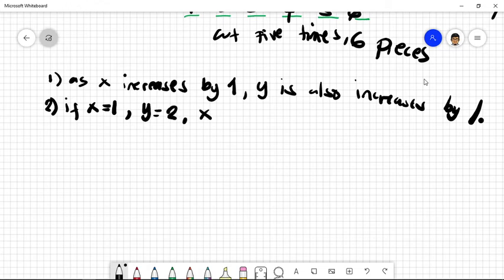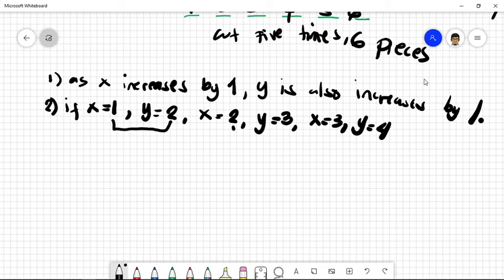If I cut it twice, the number of pieces is 3. If I cut it thrice, the number of pieces is 4. So, ano napansin niyo? Between the two, is there a pattern?